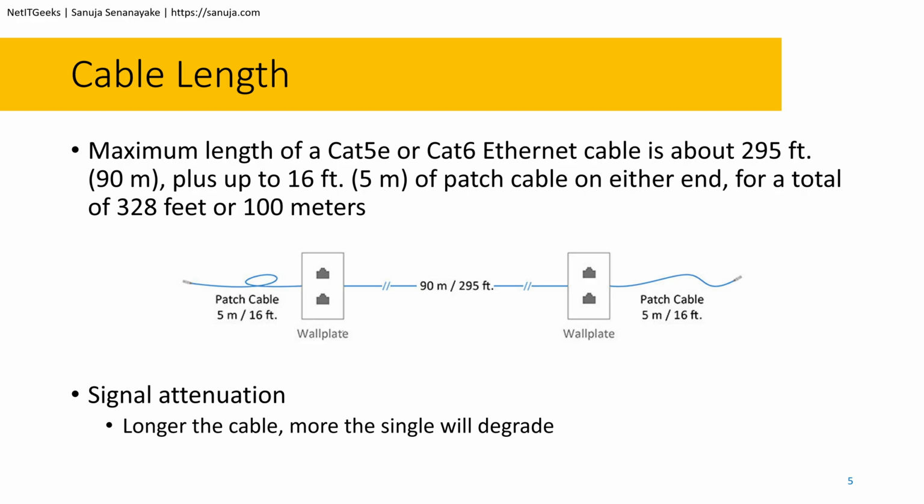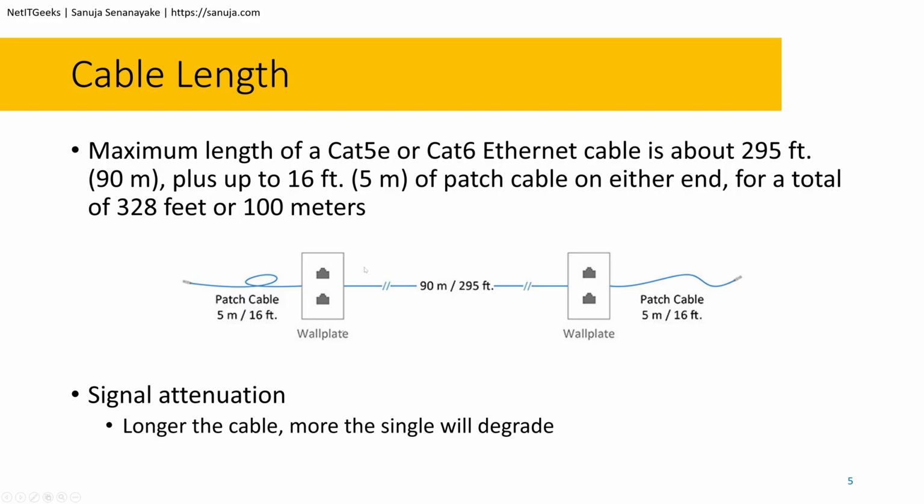What I mean is that Cat5e and Cat6 are actually rated for 100 meters, but we typically don't go more than 90 meters between devices, between endpoints, because we may want to put a patch cable on either side.